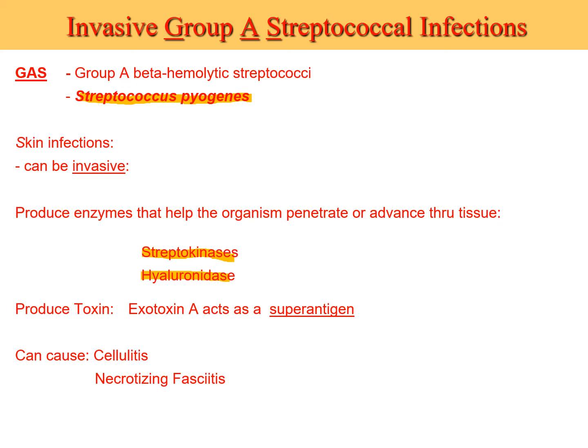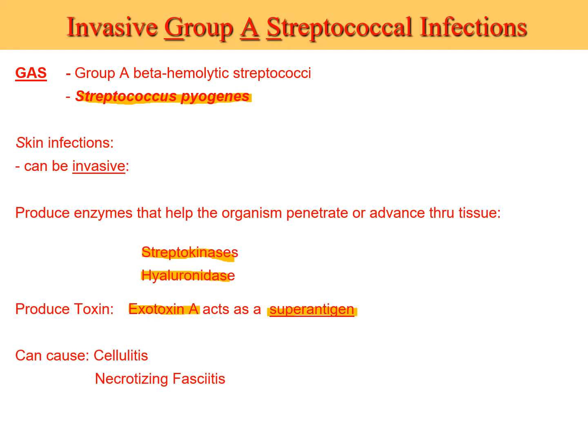Hyaluronidase breaks down hyaluronic acid, which is part of the extracellular matrix in tissues. The other thing is that some of these organisms can produce toxins which act as a superantigen. So exotoxin A, for example, can act as a superantigen.